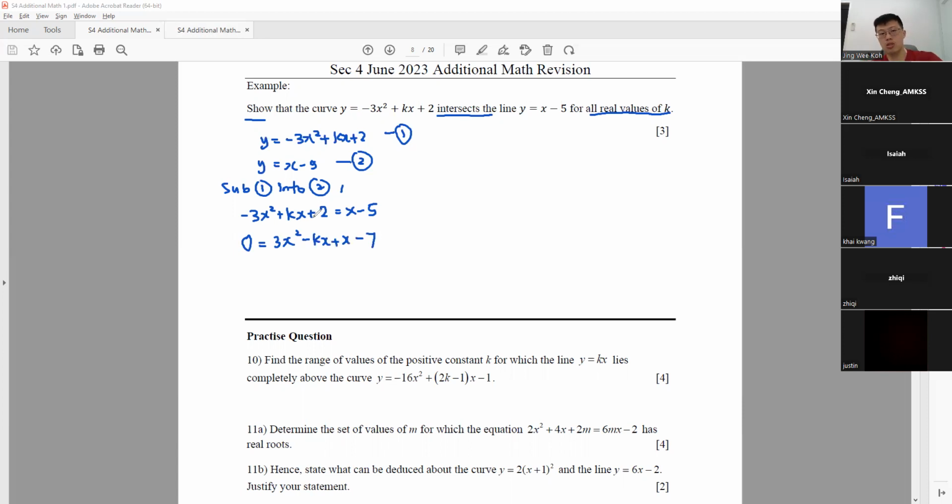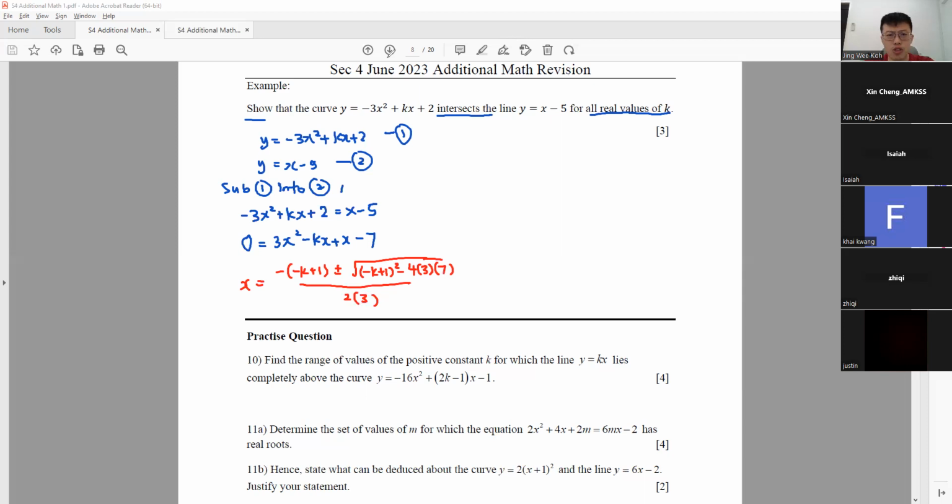Okay. So now, when you try to solve for x, again, this red color one is not needed. When you try to solve for x, your b in this case is negative k plus 1. Okay, so this is what you have.